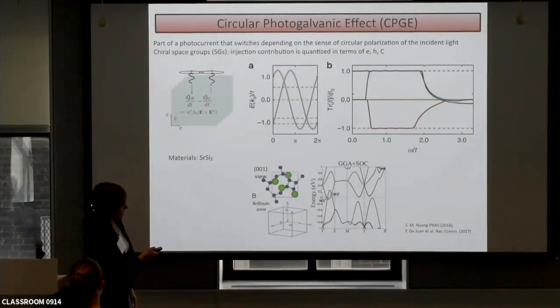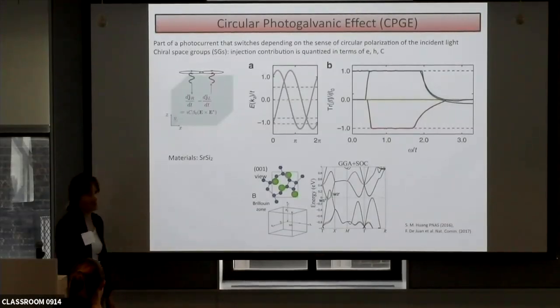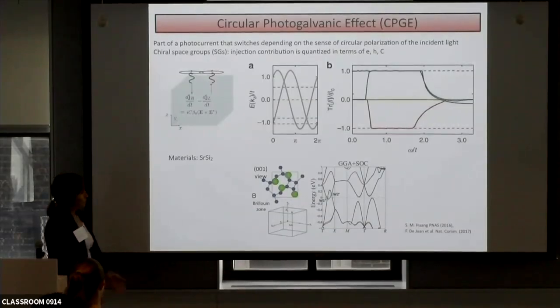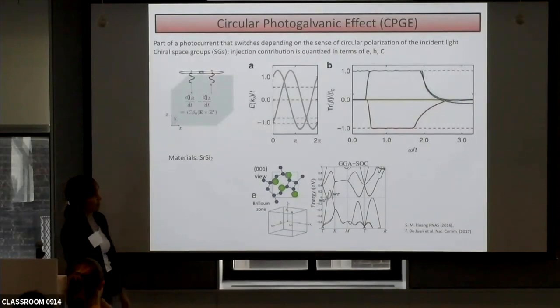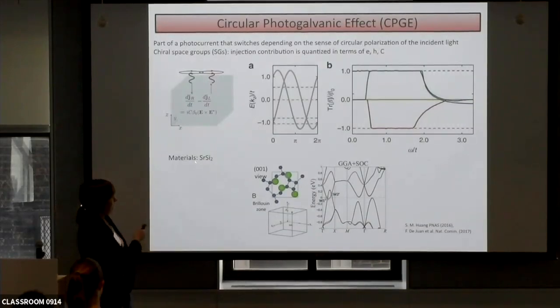It has these 2 Weyl crossings in a very clean structure between gamma and X, and it could be ideal for this type of experiments. But they tried to grow it, and apparently it's impossible to reproduce the only paper that claims to have grown this phase. So we started looking for more materials with these crossings.